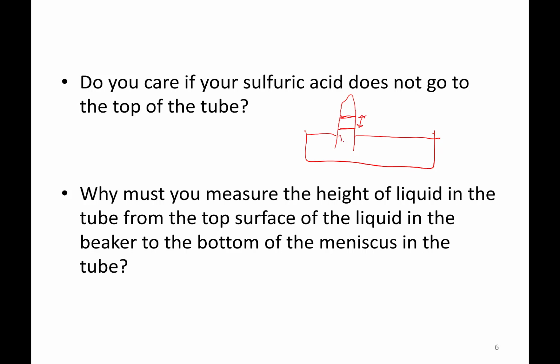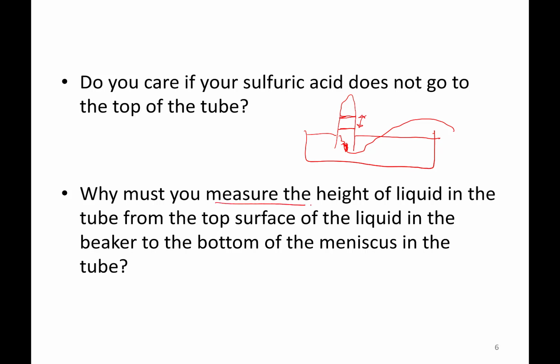So here's our copper, and we're going to have a crocodile clip on here. We're going to hook this up to our power supply. We don't need to know that sulfuric acid goes absolutely to the top. We have a way of calculating that. Go see the Excel video, part 1, and that'll tell you how to do that.